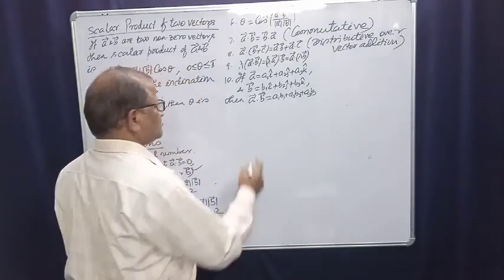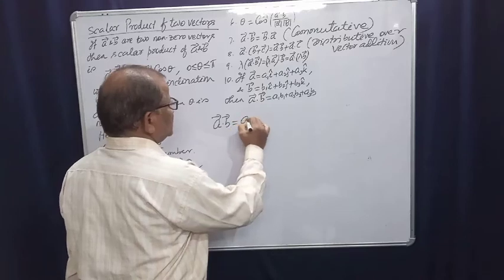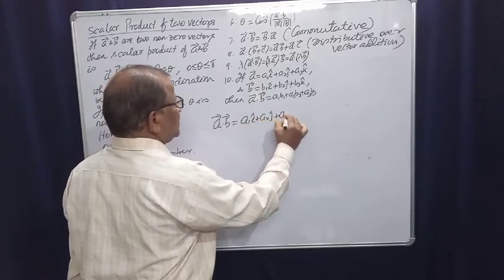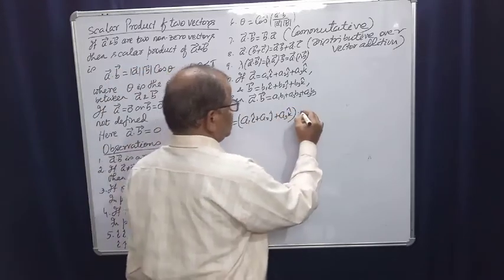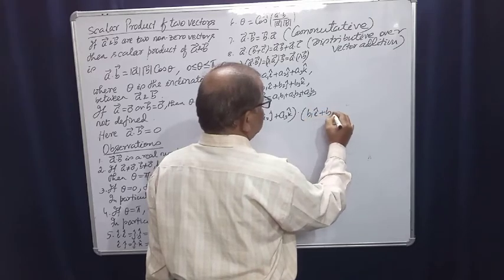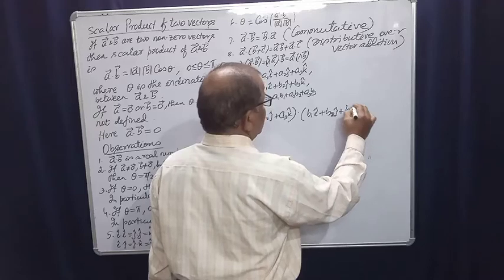How? A dot B is A1 I cap plus A2 J cap plus A3 K cap, dot B1 I cap plus B2 J cap plus B3 K cap.